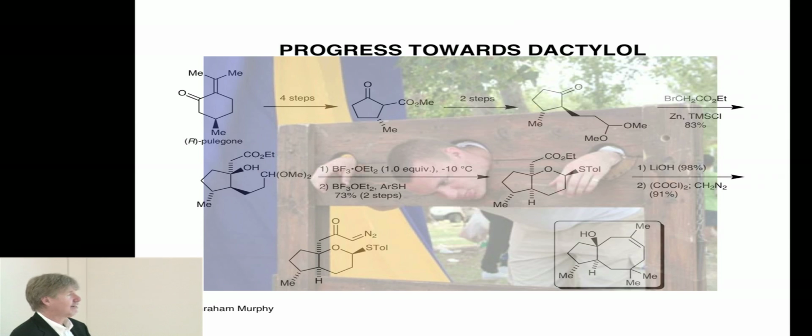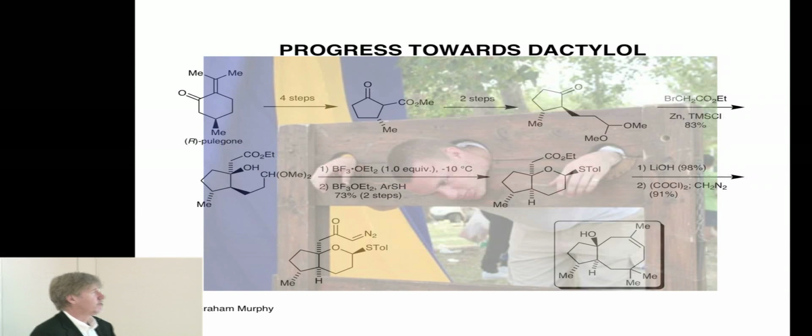So for dactylol, very, very similar situation, except we need a methyl group on the 5-membered ring with control of absolute configuration. And also we need this geminal dimethyl group. So incorporation of the methyl is easy. We start out with pulegone, and this is known chemistry. We can convert this into this ketoester using a Favorskii rearrangement.